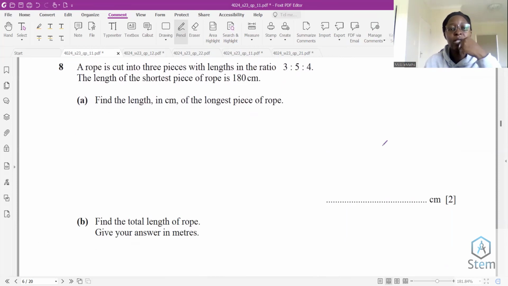A rope is cut into 3 pieces with lengths in the ratio given, and the length of the shortest piece of rope is 180. So for the shortest, you can check on our ratios here which one is the smallest number. The smallest number here is 3. So that's the one corresponding to 180 centimeters.